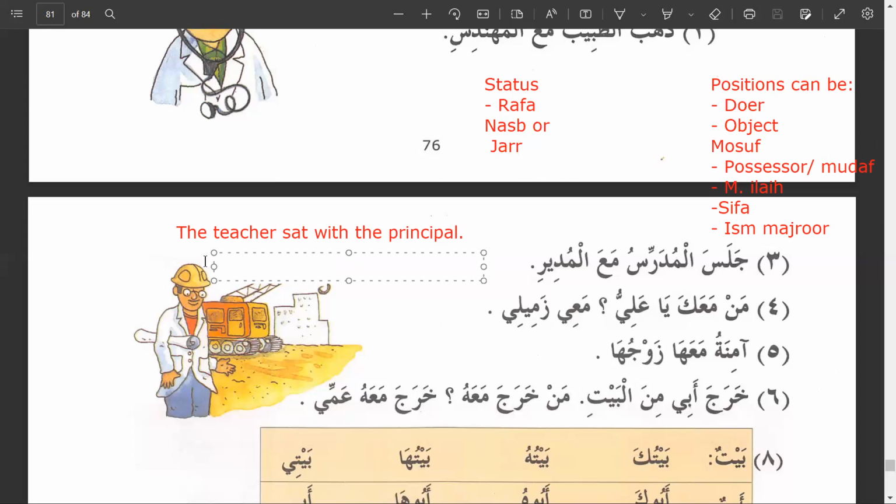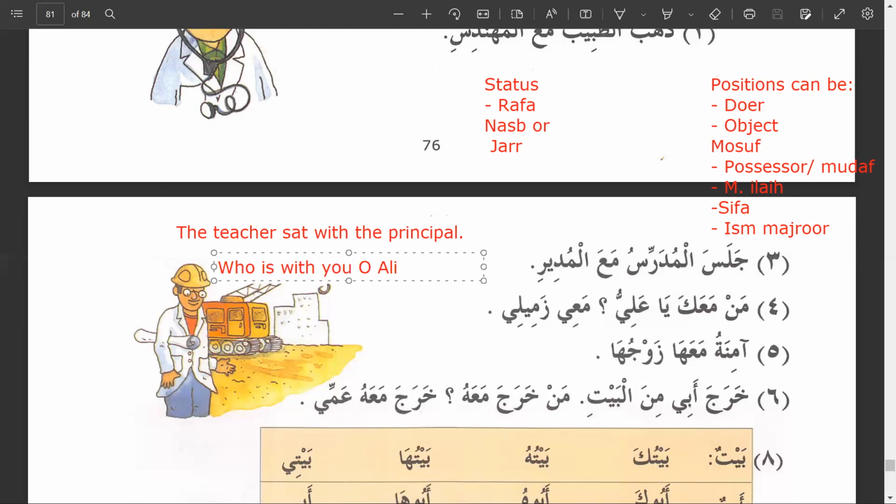Who is with you? Ma'a is with and ka is you. Ali, who is with you? With you. Oh, Ali.